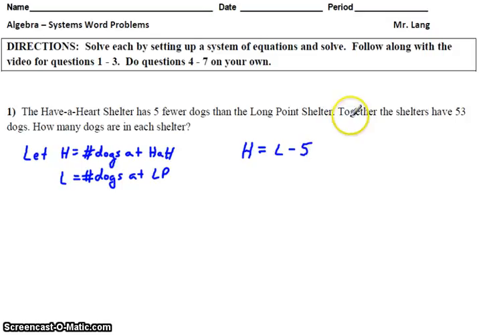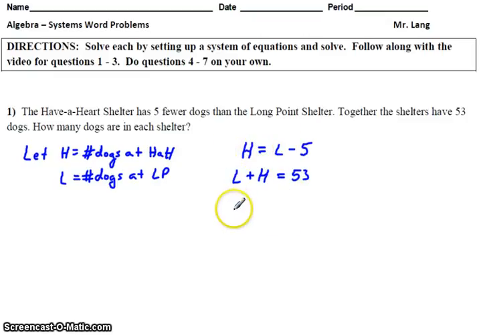And then the other sentence, together the shelters have 53 dogs. Well, if you count up the number of dogs at Have a Heart and Long Point, that should be equal to 53. So we could say L plus H equals 53.